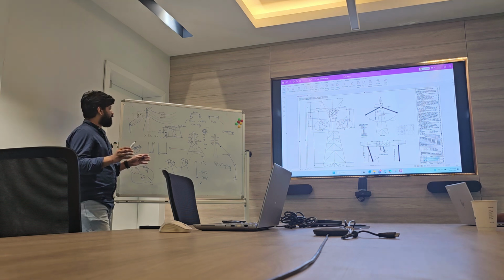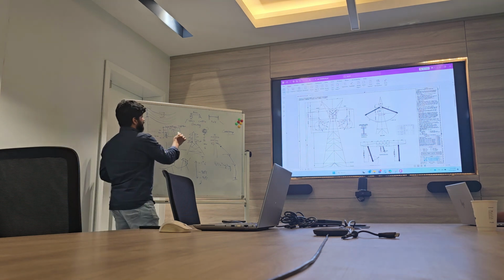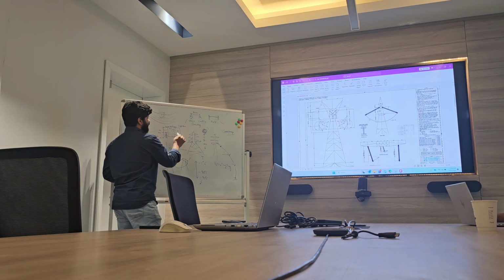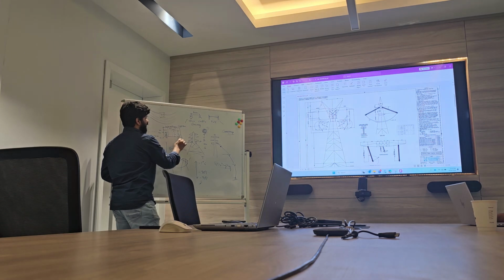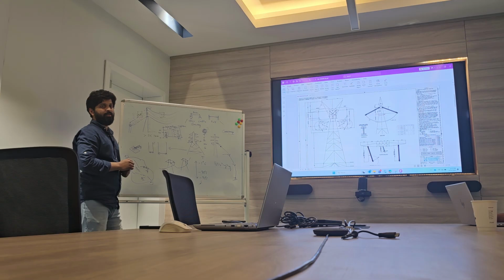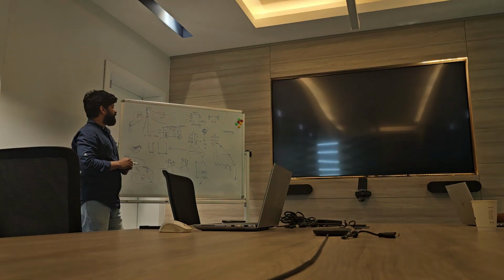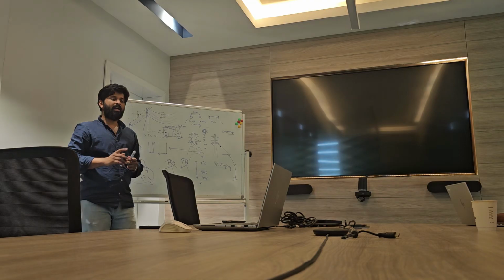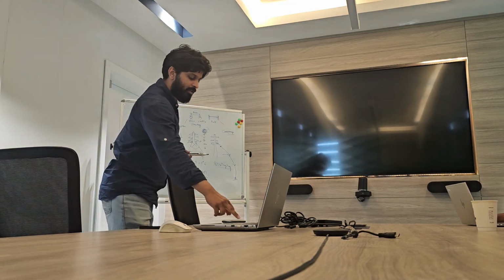So we have here different cases: stringing condition tension, normal tension, high wind tension, normal wind tension, broken wire tension. Okay, these are our main cases: stringing, normal wind, high wind, broken wire.